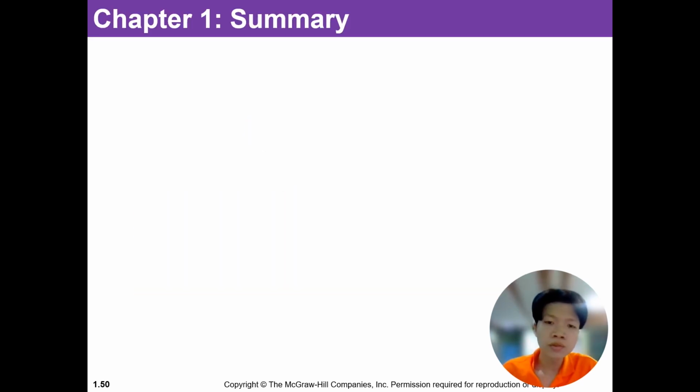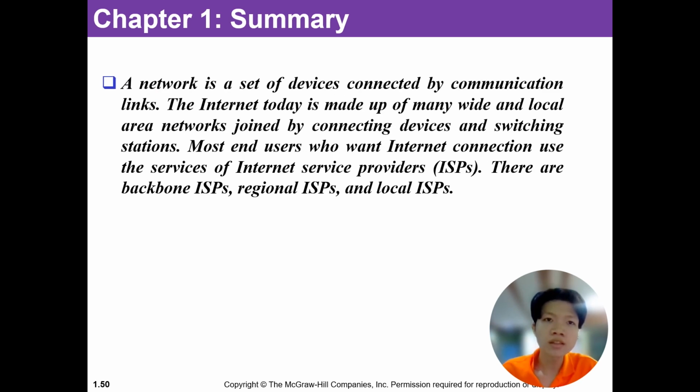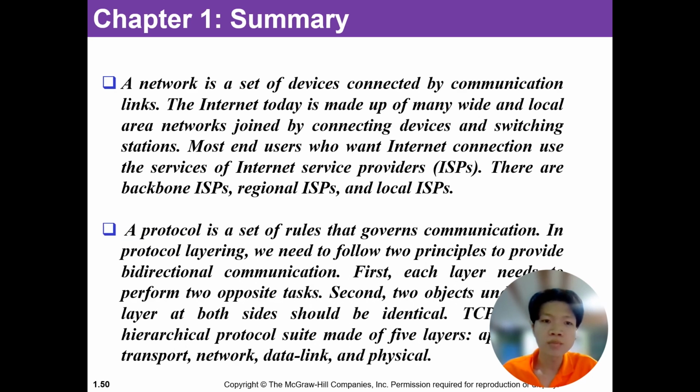So we will take a quick summary of this journey. An Internet is a set of devices connected by communication links. A protocol is a set of rules that governs communication in protocol layering.